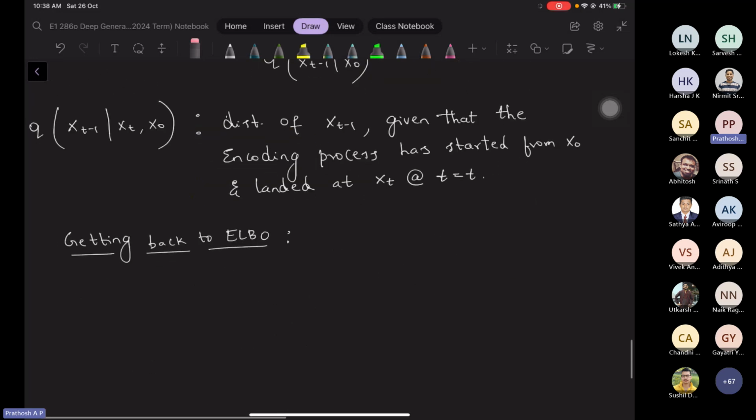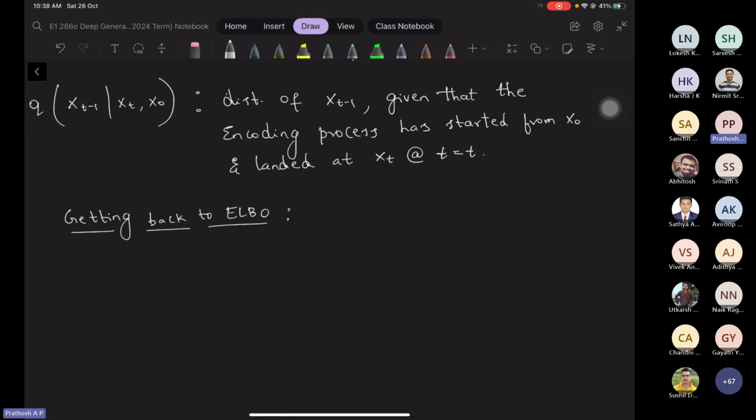Okay, great. So let us get back to the ELBO. What we were doing was, we had log of p of xt times p theta of x naught given x1 divided by q of x1 given x naught.